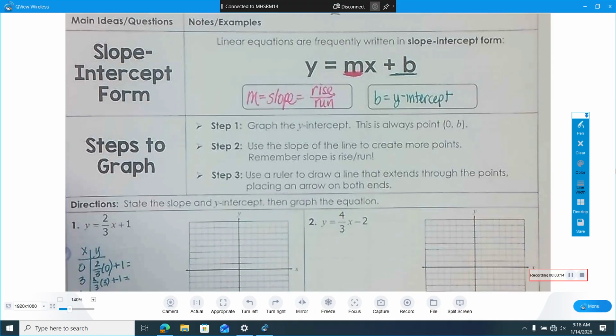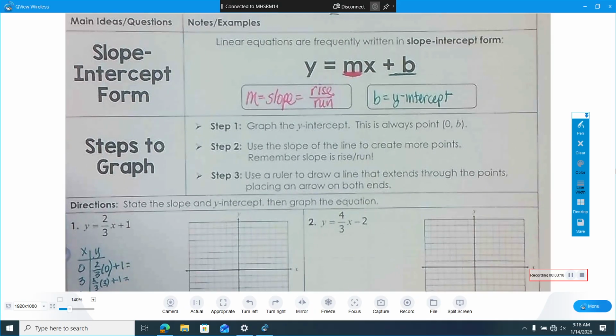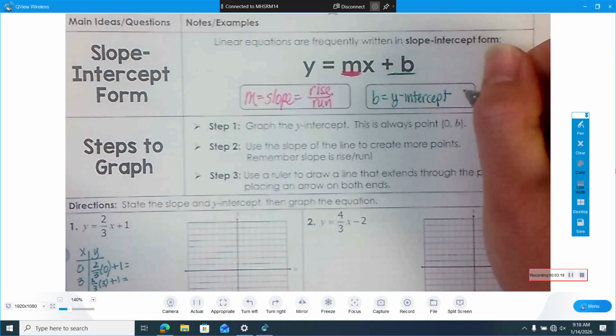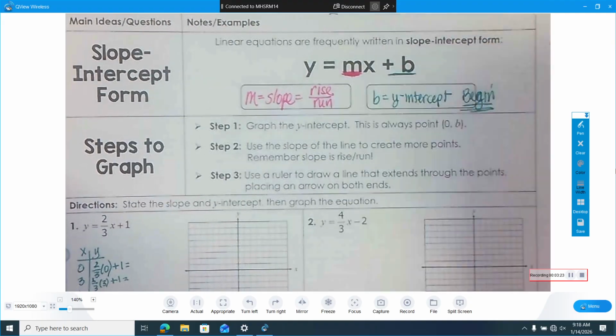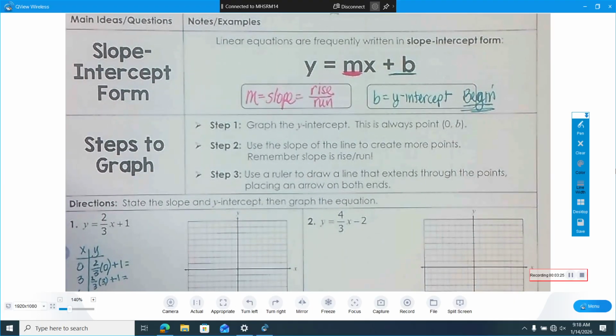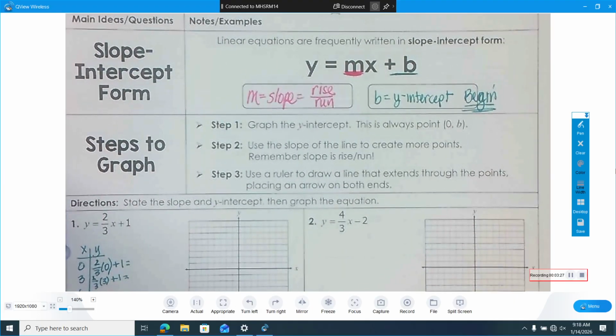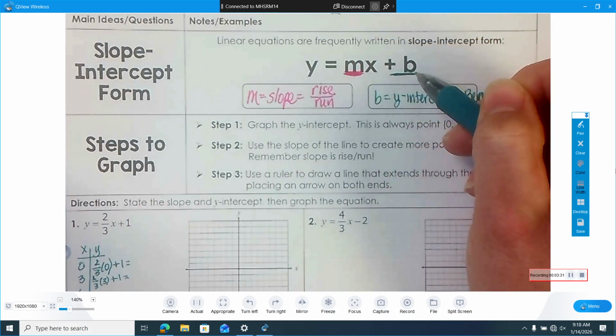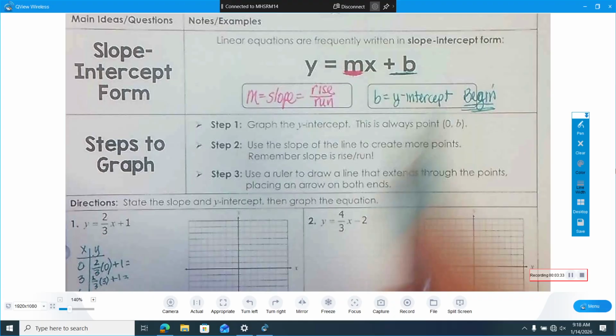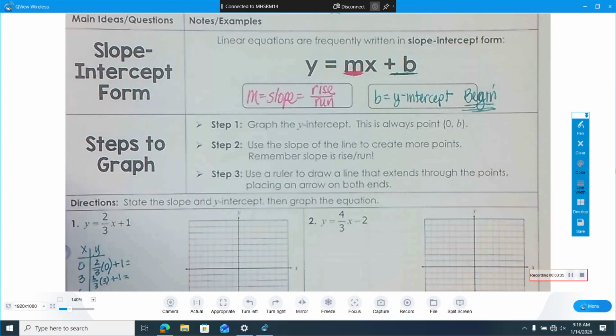But I personally think they chose the b to say begin here. b is for begin. All right, b is for begin. So whatever is added or subtracted in our little equation, that's where we begin graphing, okay?